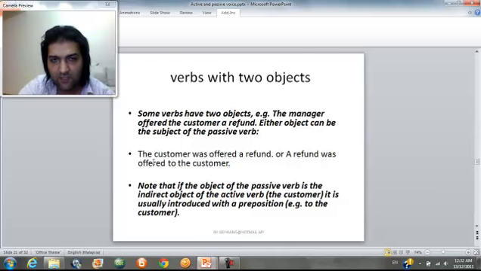We can go, the customer was offered a refund, as well as a refund was offered to the customer. Note that if the object of the passive verb is the indirect object of the active verb, the customer here, it is usually introduced with a preposition. For example, to the customer, as you see here.